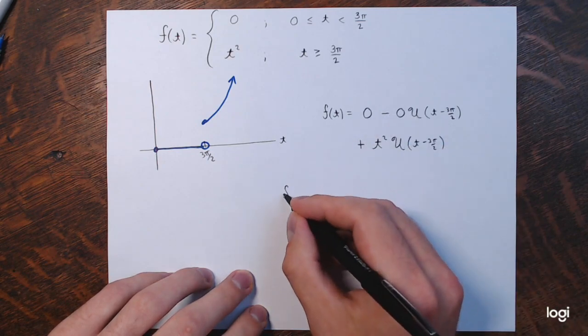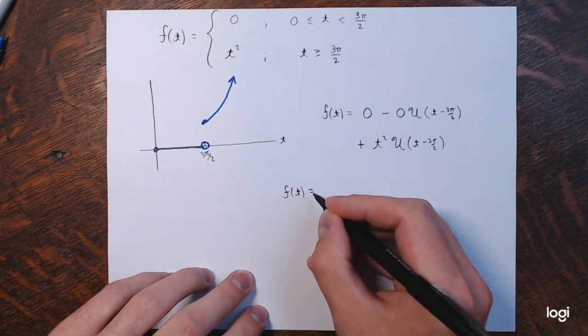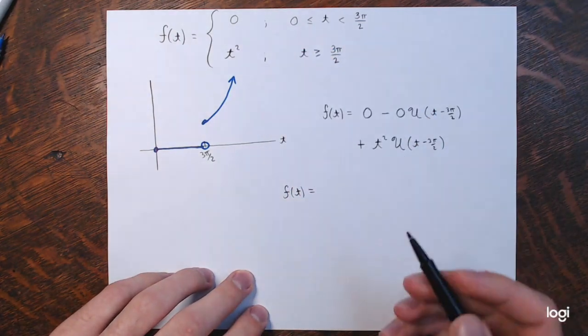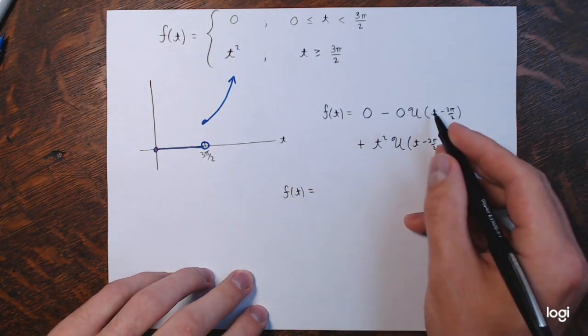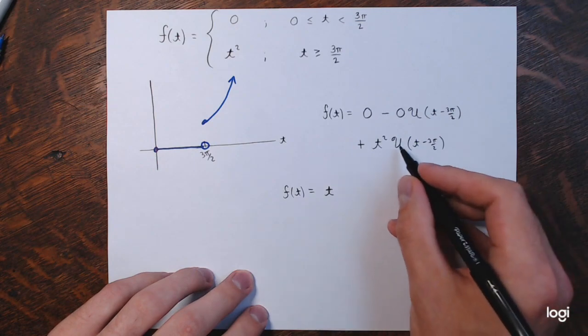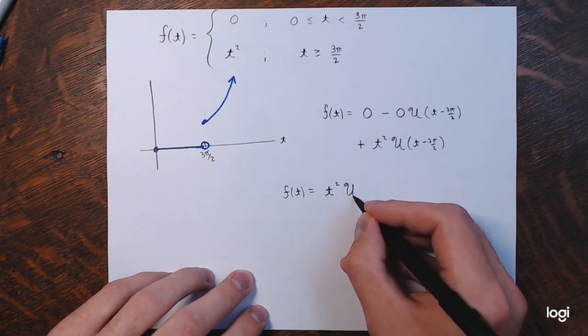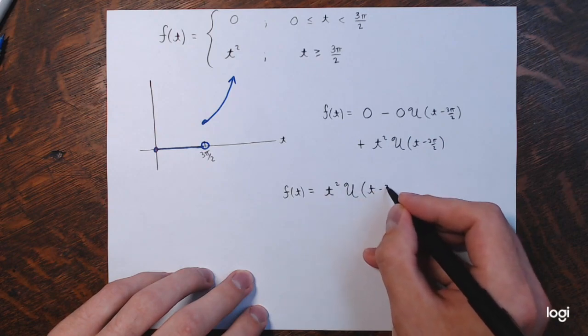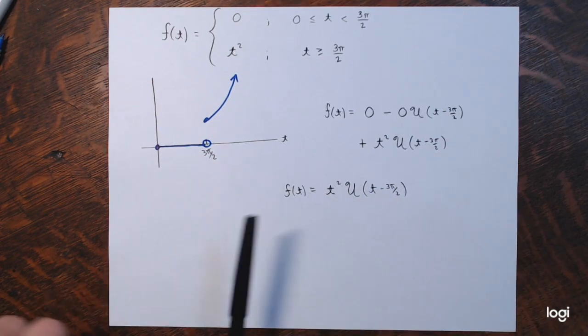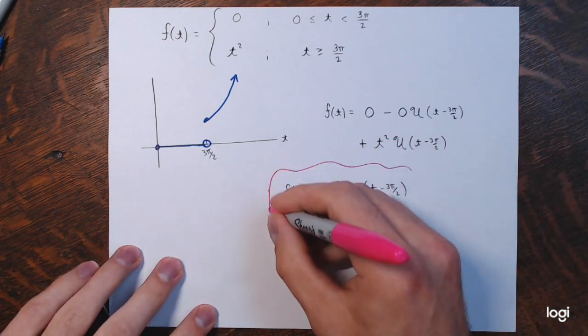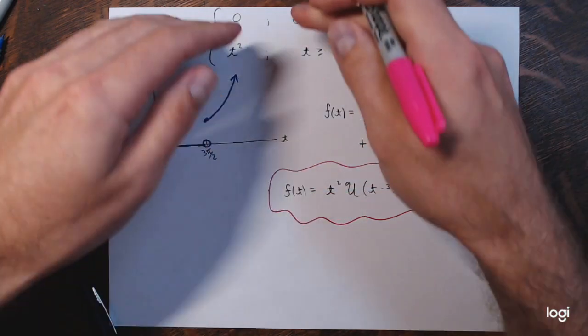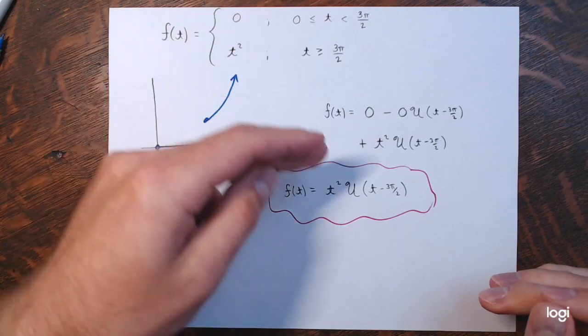So our function f of t can be written this way and has exactly the same meaning as the piecewise function. So t squared times the unit step function at t minus 3 pi over 2. And there you go.